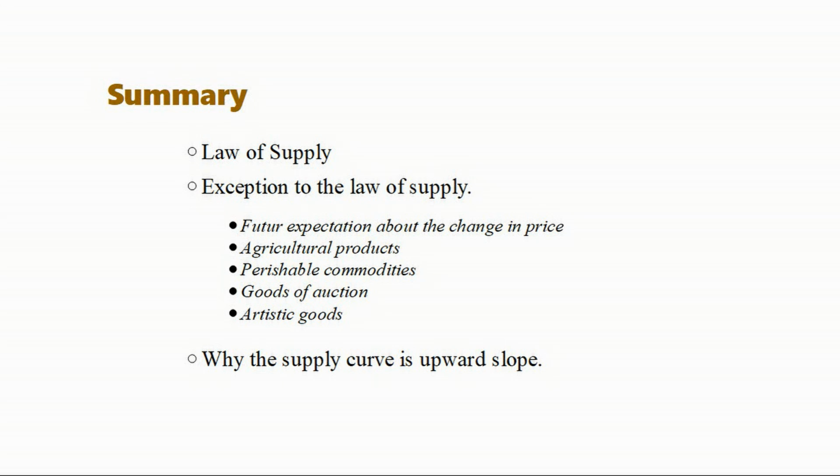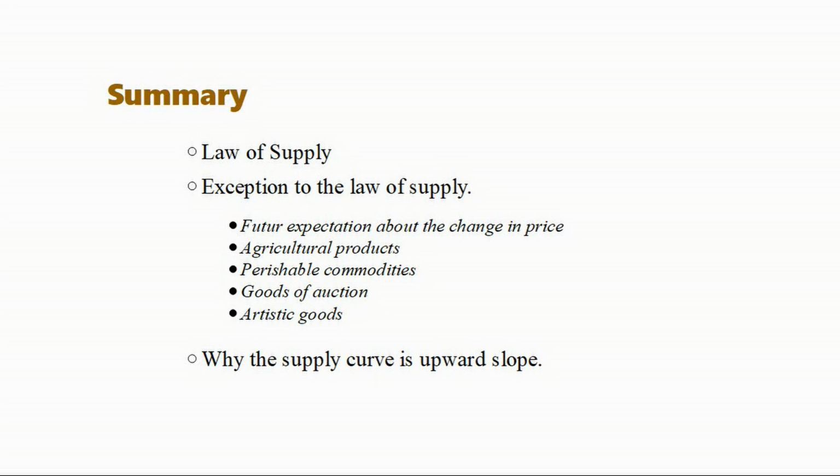And then we have discussed why we have an upward sloping supply curve. The reasons are expectation of profit by the firms. When there is high expectation of profit due to the higher price of the commodity, firms will increase their production.